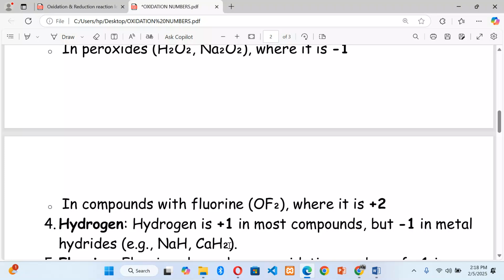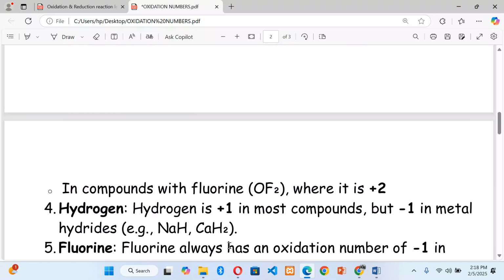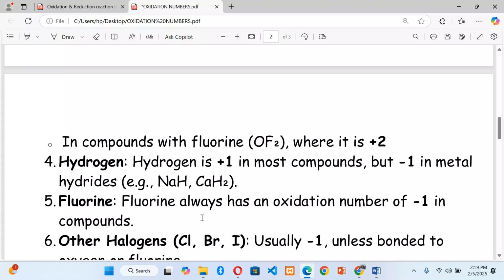But in most compounds, hydrogen has an oxidation number of +1. Please keep pausing and note these down, because these rules are very important for our next lesson. Pay much attention and note them down very well.